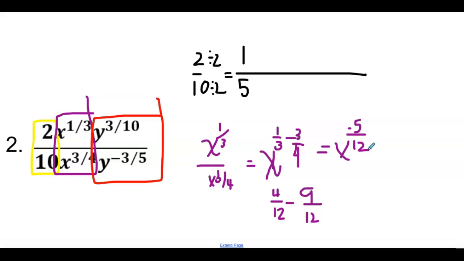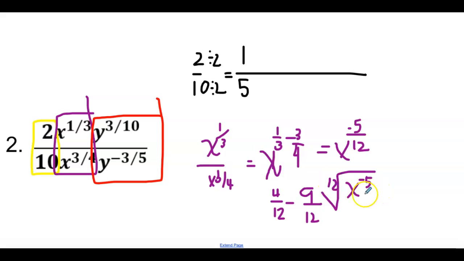So x to the negative 5/12 would look like this: we're going to put the x power to the -5, and then our index would be that 12.